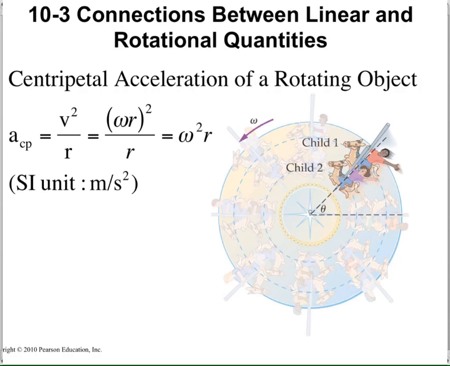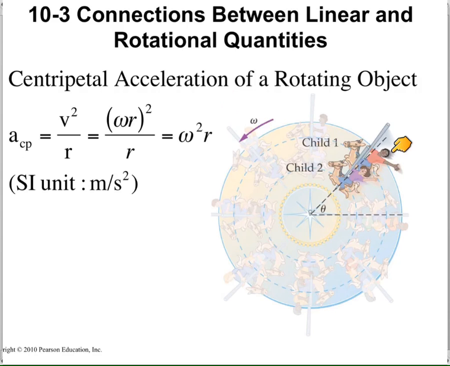So that means different points of a rotating platform will have different accelerations, right? If the points are at different distances from the origin. If r is large, right?